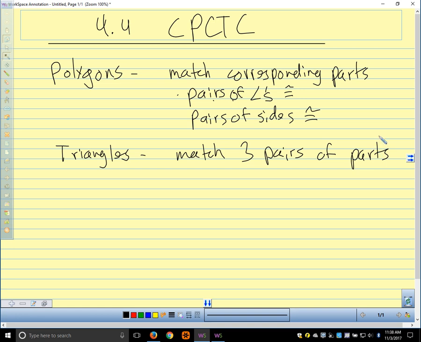And those 3 pairs came from, we talked about side, angle, side, side, side, side, angle, side, angle, and angle, angle, side. So those are the 4 ways that we can match up 3 pairs of parts on triangles to show that they're congruent.